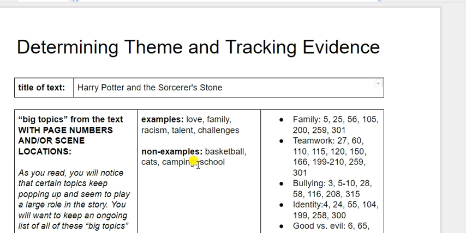The first thing I want to say before I show you my example is that theme is not the same thing as a topic. If you want to think of theme in terms of a lesson, what's the lesson that the author is teaching through this text? That would be the best way to think about it. Think back to The Tortoise and the Hare, a story that almost everybody knows.